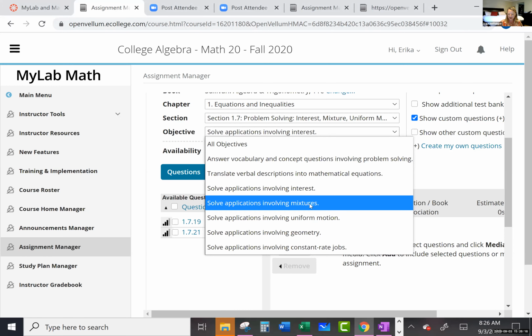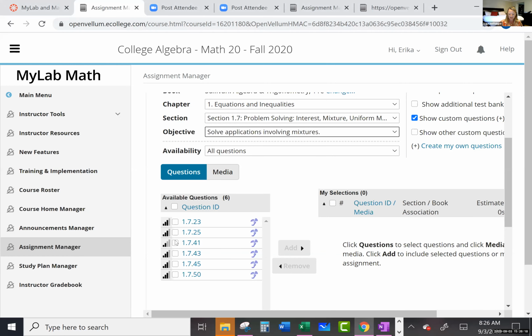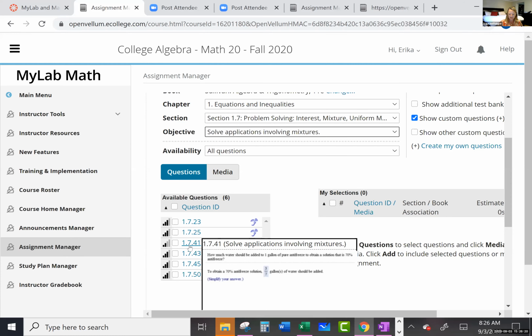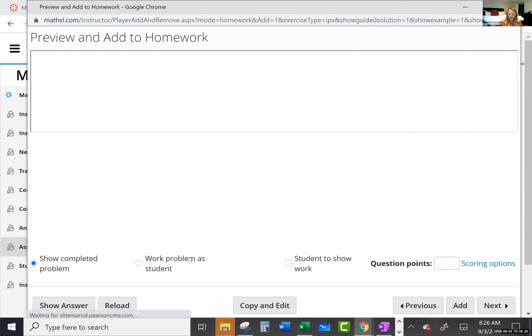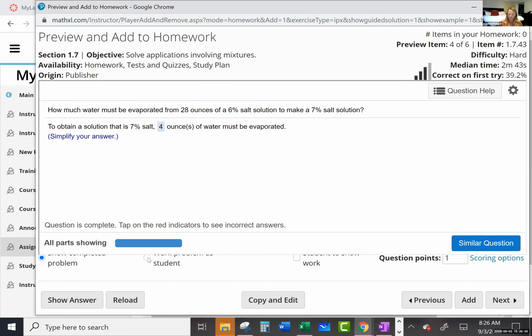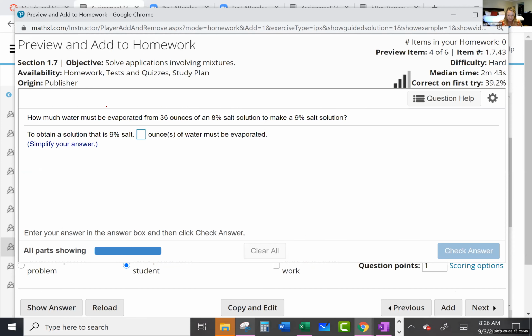Yeah, mixture problem. Let's just grab one of those. So I blindly chose one.